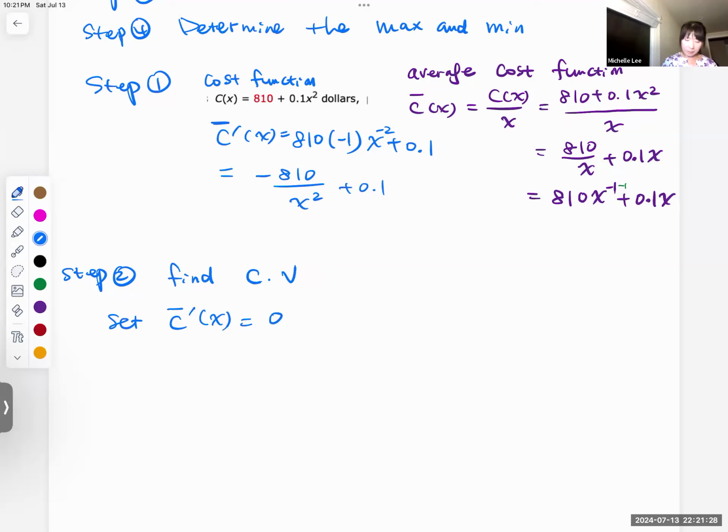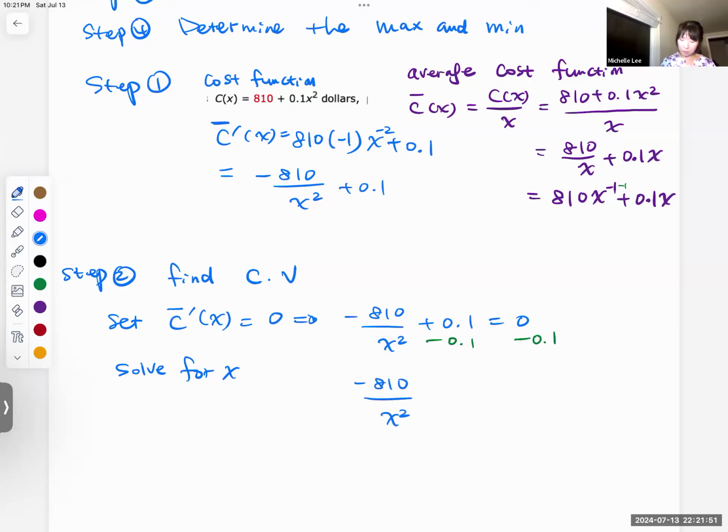So that is negative 810 over x squared plus 0.1 equal to 0. And we need to solve for x. Okay, so we subtract 0.1 from both sides. So we have negative 810 over x squared equal to negative 0.1.